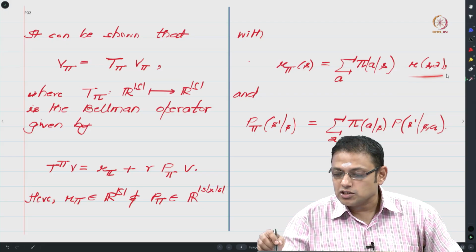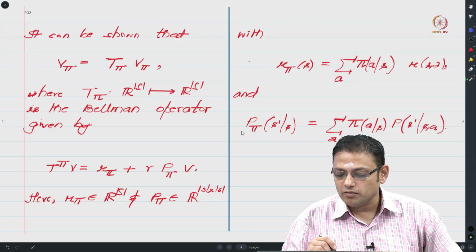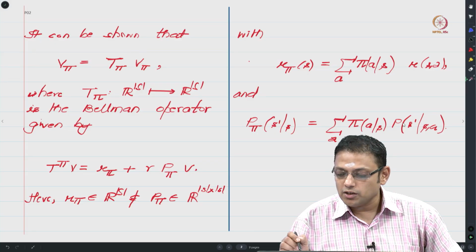It is the average of the reward that you will get at a particular state S, where the averaging is according to your policy pi. And P pi of S prime given S is basically, if you start at S, what is the probability that you will reach S prime?